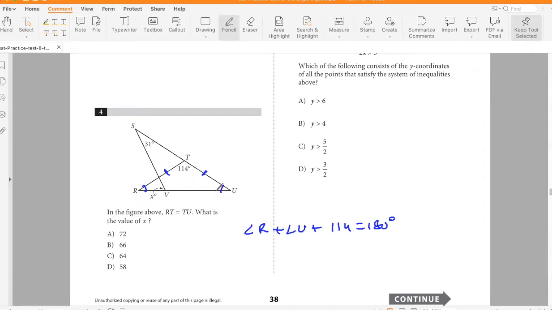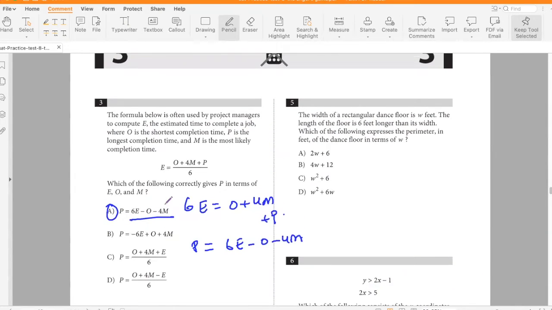So since angle R is equal to angle U, I can say 2 angle U is 180 minus 114. So that becomes 66, right? So angle U becomes 33, right? Okay, now in this triangle, angle x is the exterior angle. So it will be the sum of 33 and 31. So that's 64.